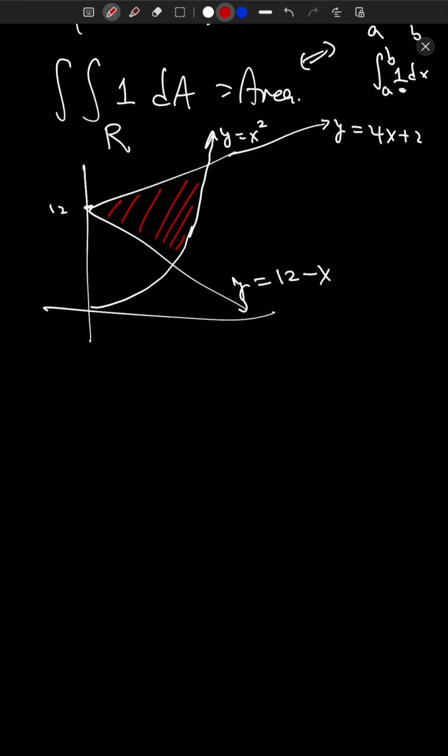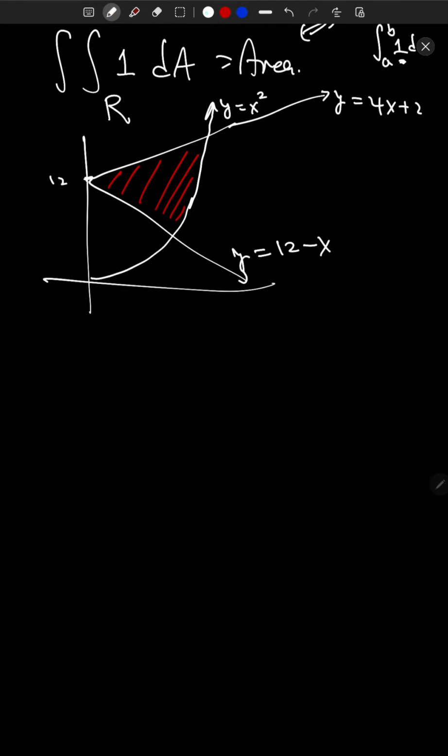All right. So here we can see that our integrals are going to be a little more complicated than the ones we've seen up to now, because let's say we want to do dy first. If we do dy first, dy dx, and again, we're just integrating the function 1, it's going to be y equals something to y equals something, x equals something to x equals something.